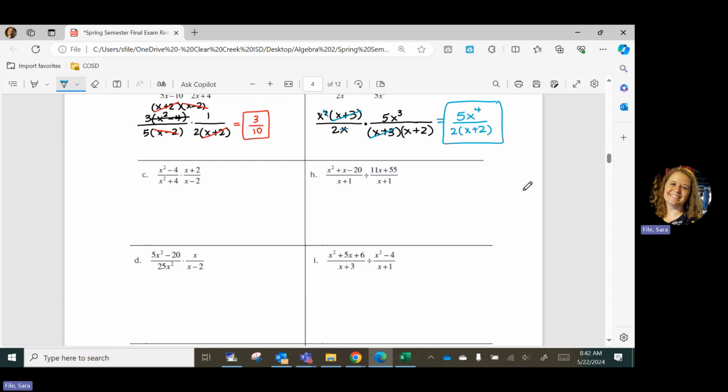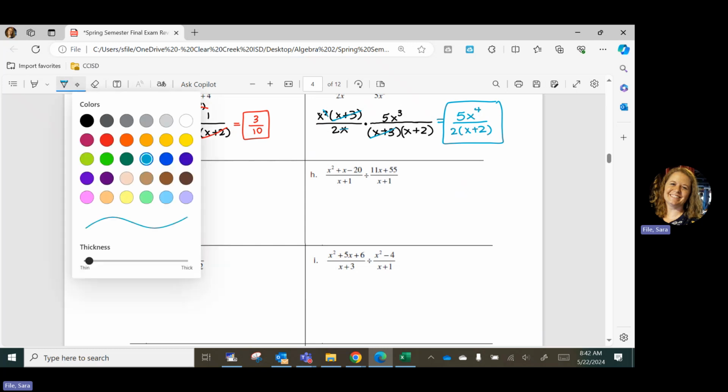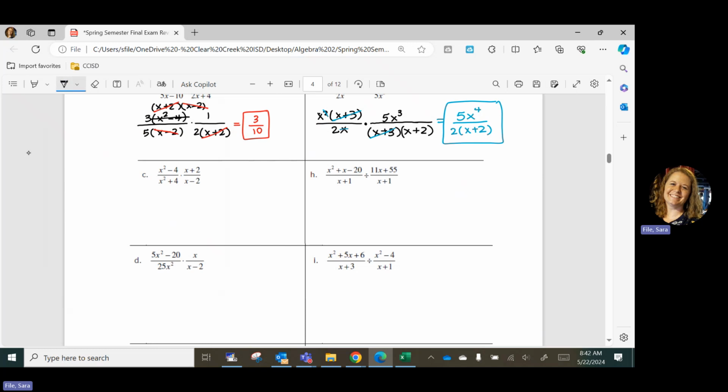All right, C is multiplication, so I don't need to move anything, but I do need to see if anything can factor, which in the numerator it can, because this is a difference of 2 squares, so that's x plus 2, x minus 2. But the denominator, x squared plus 4, does not factor. Only a difference of 2 squares factors.